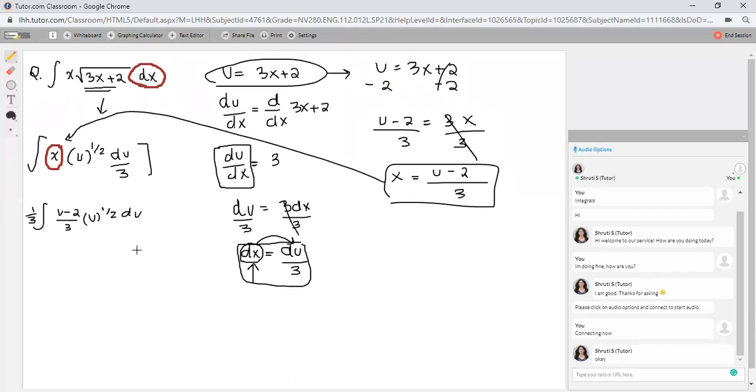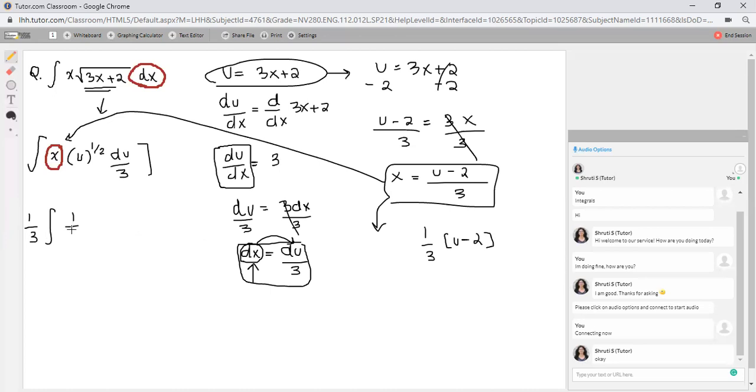You know, I'm thinking to have this expressed as 1 over 3 times u minus 2. Yes, very good. We can do that. So I'll have 1 over 3 here.